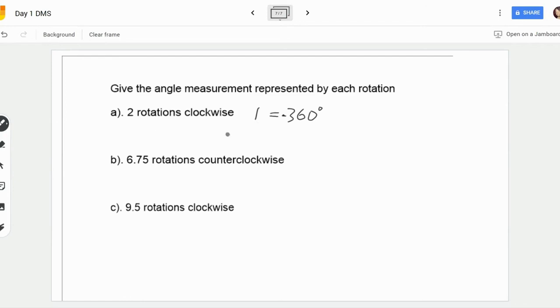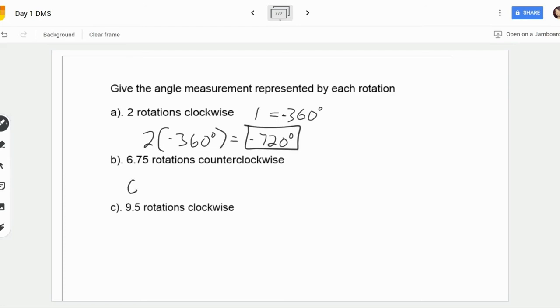But really we have 2, so this is just 2 times negative 360 degrees, and that's negative 720. So clockwise is negative. It's the only thing to really remember. Other than that, rotations are 360 degrees.